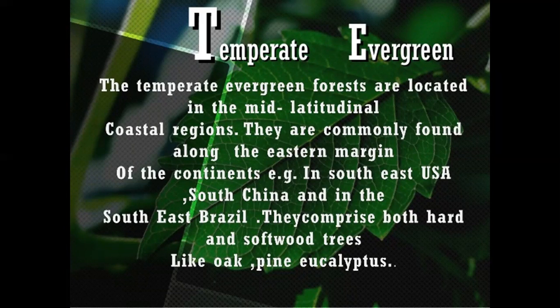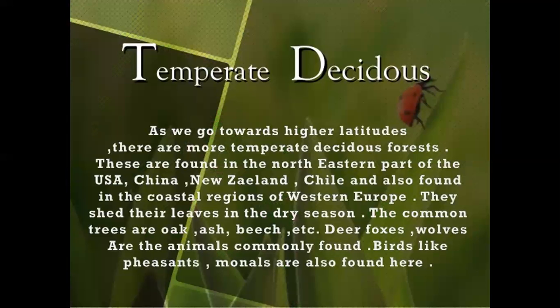They are commonly found along the eastern margin of the continent, for example, in southeast USA, South China, and southeast Brazil. They comprise both hard and softwood trees like oak, pine, eucalyptus. These are the examples of trees found in temperate evergreen forest.